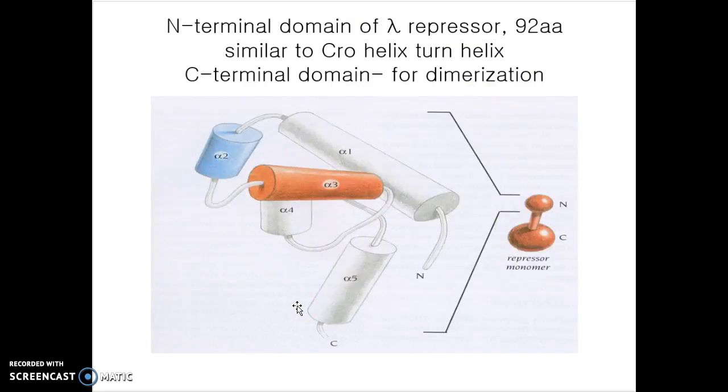Lambda repressor is much larger, 236 amino acids, and is composed of two domains, N and C. The two domains can be separated by treatment with proteases, so only the N-terminal domain structure was determined, shown here. It is mainly composed of alpha helices, but the two regions in blue and red are similar to the Cro helix-turn-helix. The C-terminal domain is responsible for making dimers.